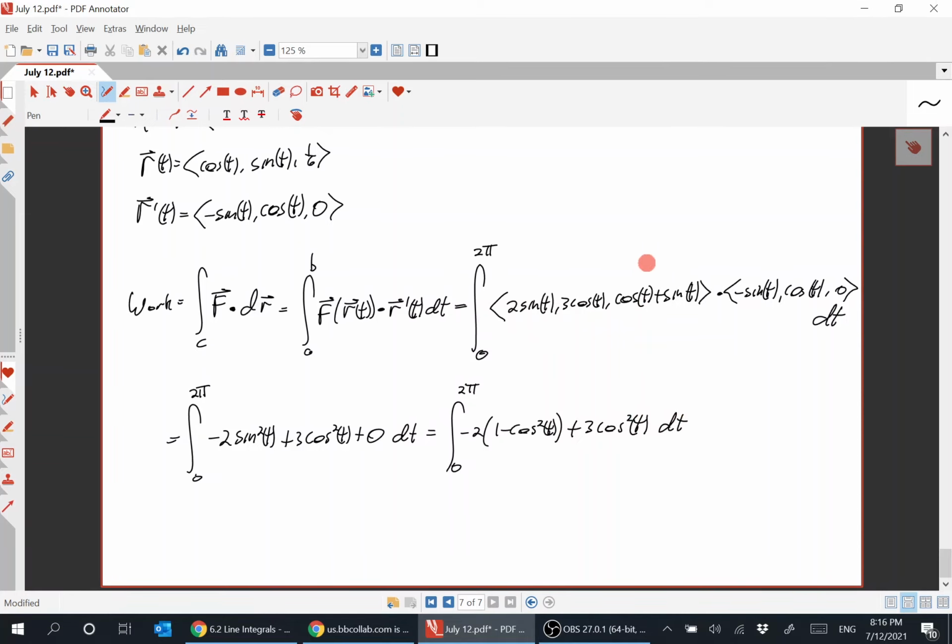So this becomes 5 cosine squared t minus 2 dt.